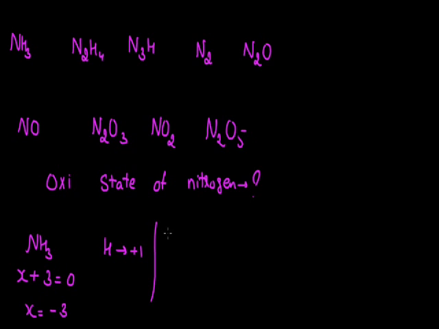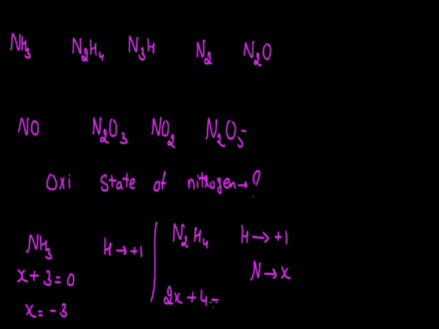Same as if I talk about the compound N2H4. Here again hydrogen has higher priority. The value we will use for hydrogen is the general oxidation state of hydrogen, that is +1. 2 nitrogen atoms are there, so if I consider the oxidation state of nitrogen as x, the charge on 2 nitrogen atoms will be 2x, plus the oxidation state of hydrogen multiplied by 4, since 4 hydrogen atoms are there.